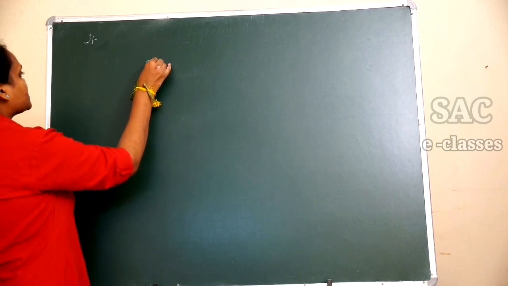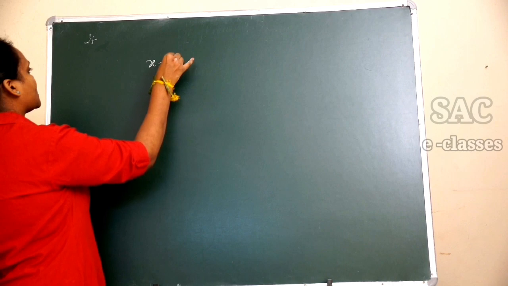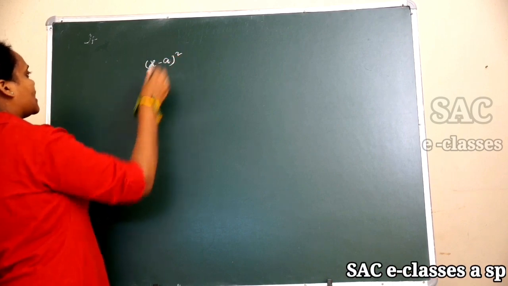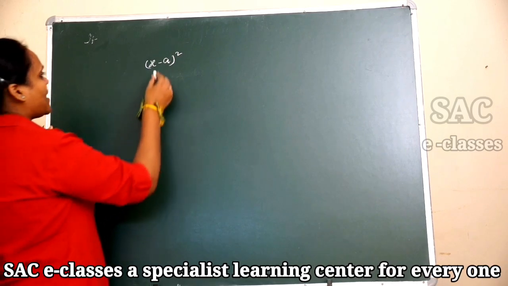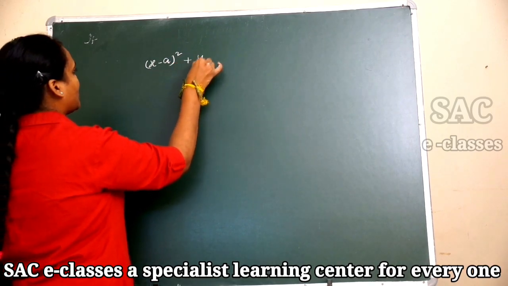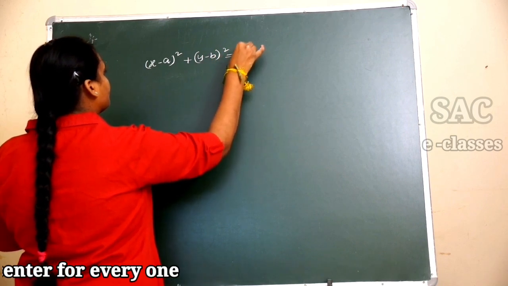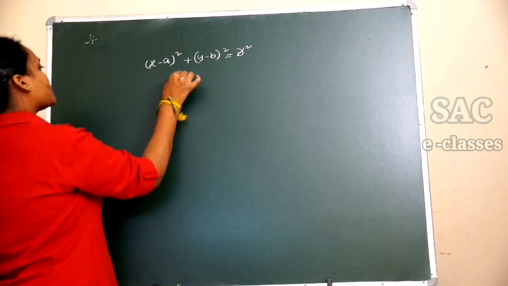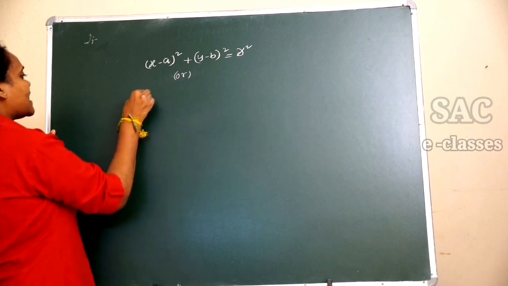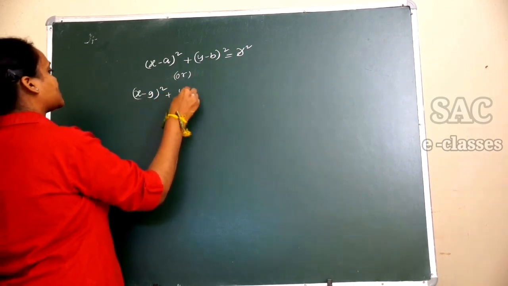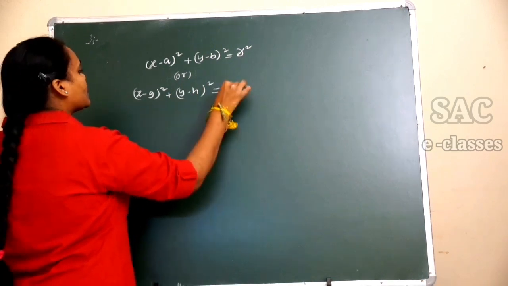Family of circles with some radius r: let me mention that here (a, b) is the center. So x minus a whole square plus y minus b whole square is equal to r square. Or you can represent this as x minus g whole square plus y minus h whole square is r square also.